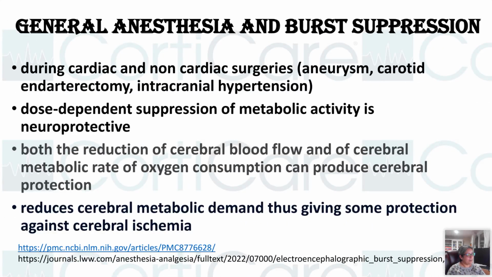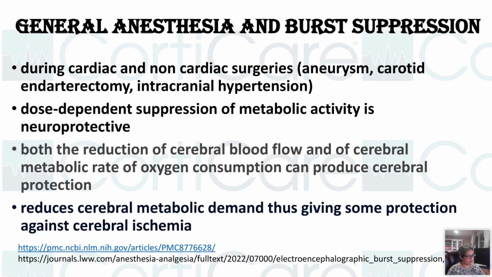Let's talk a little bit about intraoperative general anesthesia and burst suppression. During cardiac and non-cardiac surgeries, like aneurysm or carotid endarterectomy, or in intracranial hypertension, suppression of the metabolic activity of the neurons is considered neuroprotective.